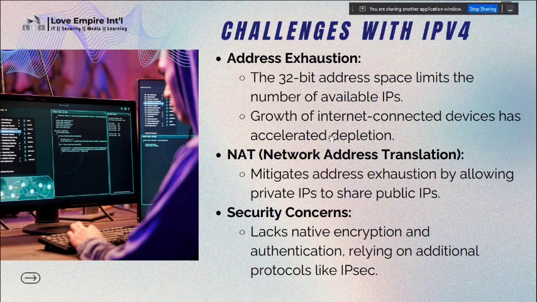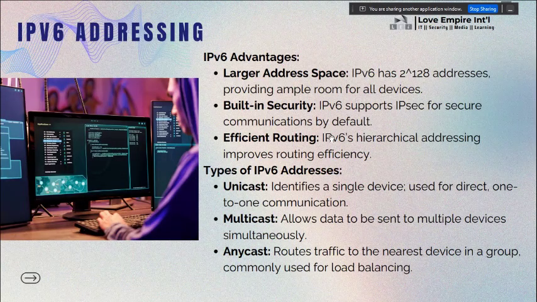These are some of the challenges that IP version 4 had, and that is why they had to introduce IP version 6. Okay, so the advantage of IP version 6 is that it has a larger address space. IP version 6 has about 2 raised to 128 addresses, providing ample room for all devices.